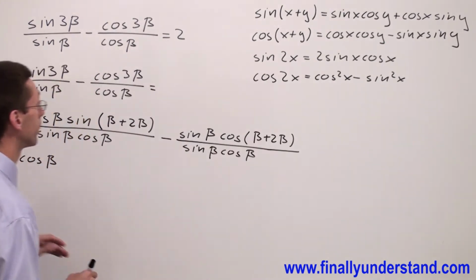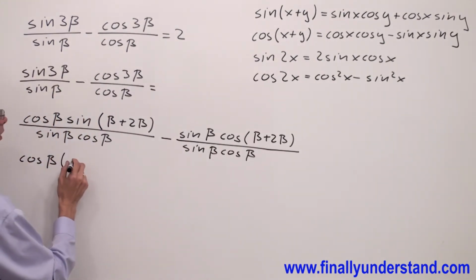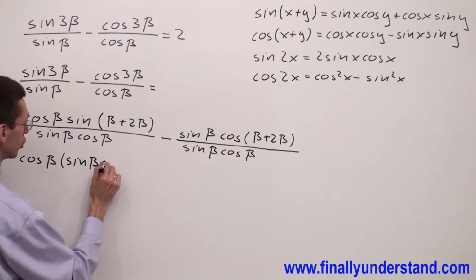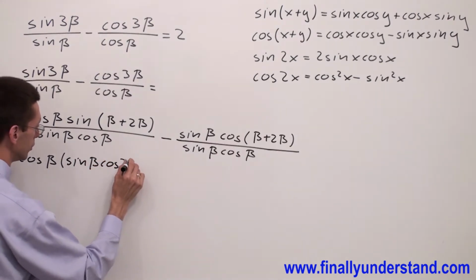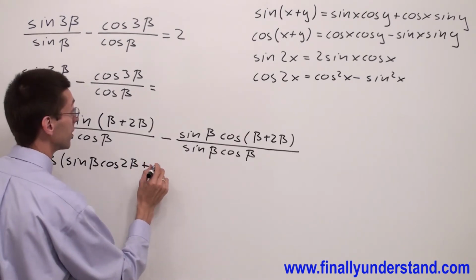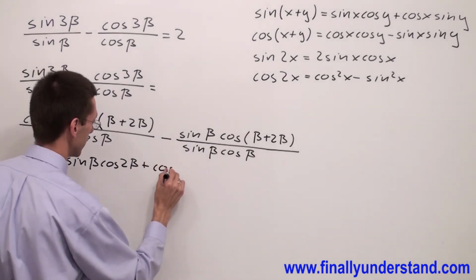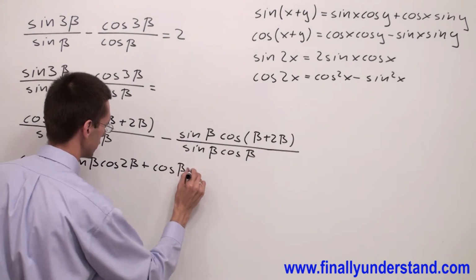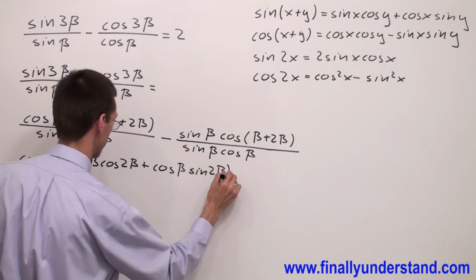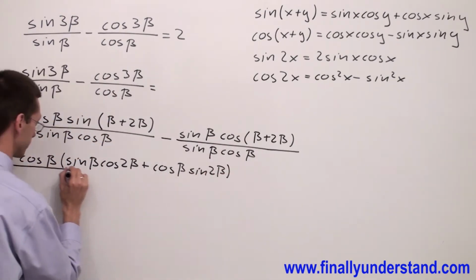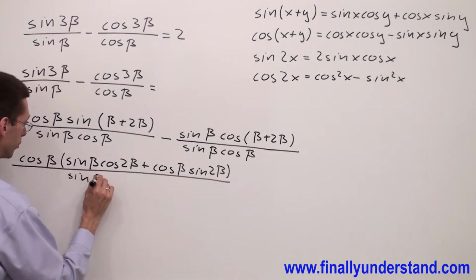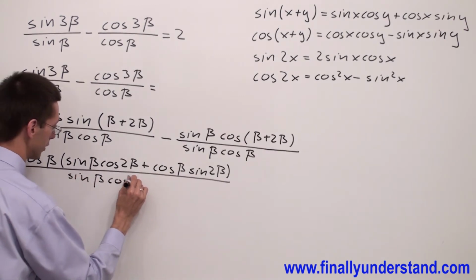What I mean by that? Simply write sine beta cosine 2 beta plus cosine beta sine 2 beta over sine beta cosine beta.